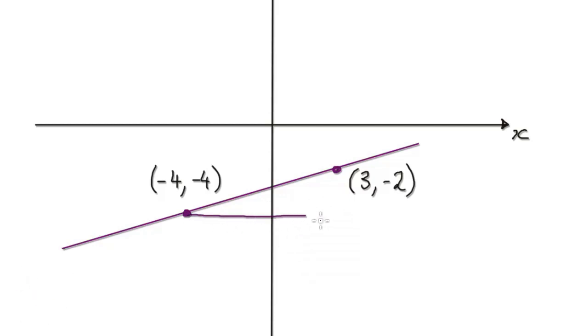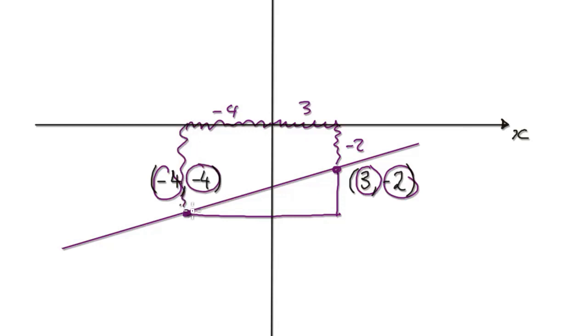Okay, so to do this, if you look at what's going on here, here you moved 3 across and then -2 down. Here you've moved -4 across because of this -4, and then you moved 2, and then you moved -4 down.